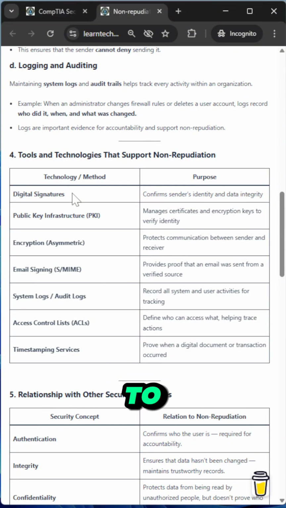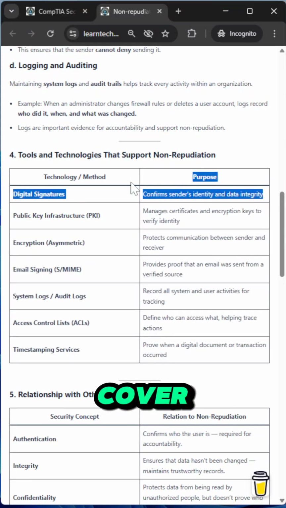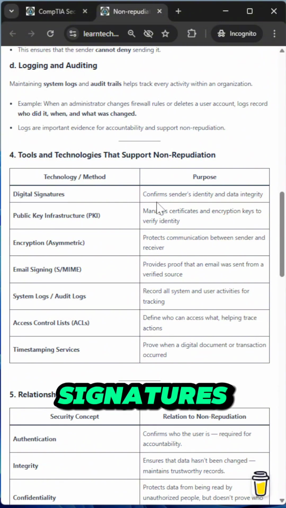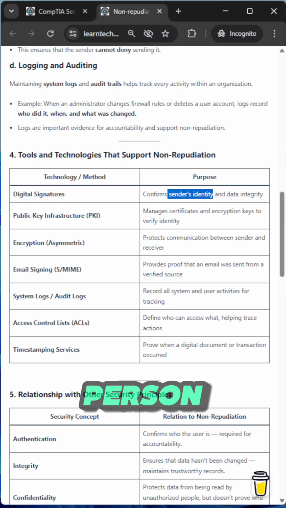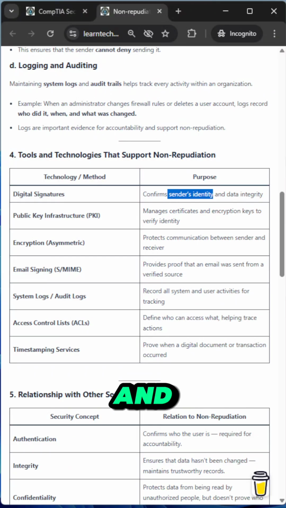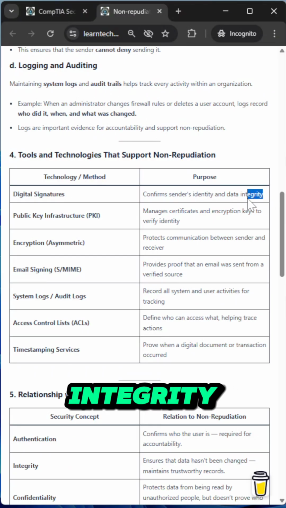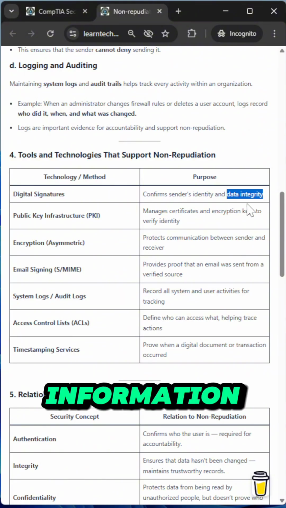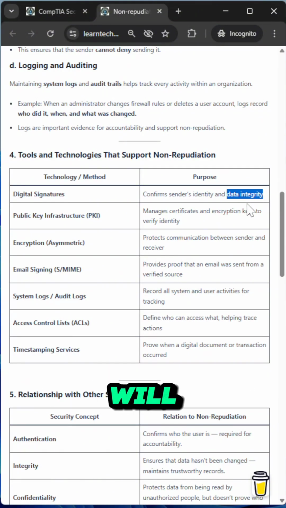You don't have to digitally sign that yourself. It uses the digital signatures within the system itself. We will cover that later on. Using digital signatures, it confirms the sender's identity and data integrity. When we say identity, it's the person who is doing it. And when we say data integrity, it means that if the information has been changed or manipulated, we will know. How we will know that, we will cover later on.